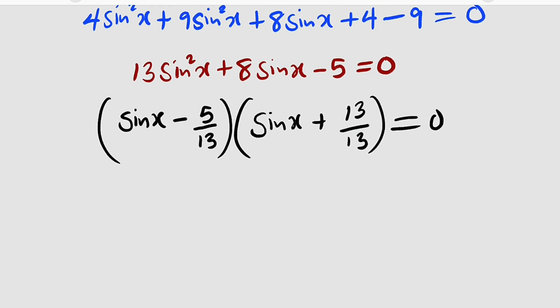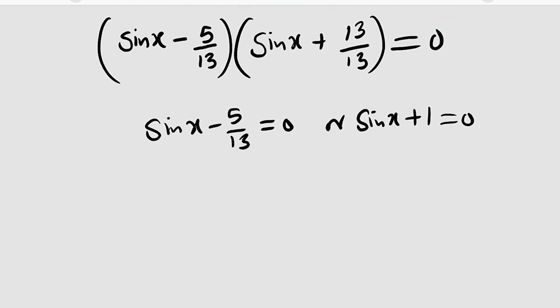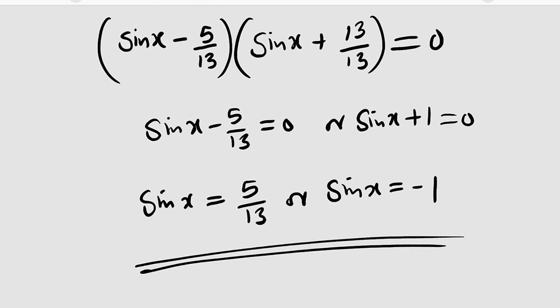By setting each factor to be equal to 0, the first one we have sine x minus 5 divided by 13 equal to 0, or the other one, sine x plus 13 divided by 13 is 1 equal to 0. So by solving these two equations separately, the first one, sine x, is equal to 5 divided by 13, or sine x equal to negative 1. So these are the two solutions we obtained for sine x.